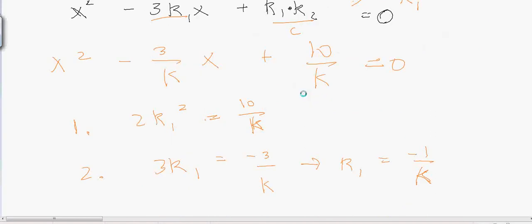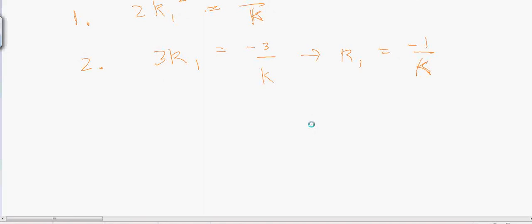So, essentially, we can rewrite it like this, in blue: 2 times negative 1 over k squared must equal 10 over k.